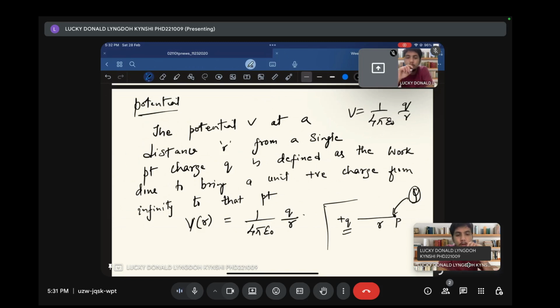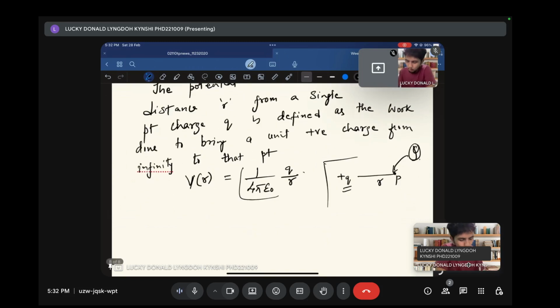How much work you require to bring this charge to the point p is in fact the potential. So the potential is 1 by 4 pi epsilon naught q, due to the point charge plus q, where r is the distance of the position where you want to find the potential from the point charge.